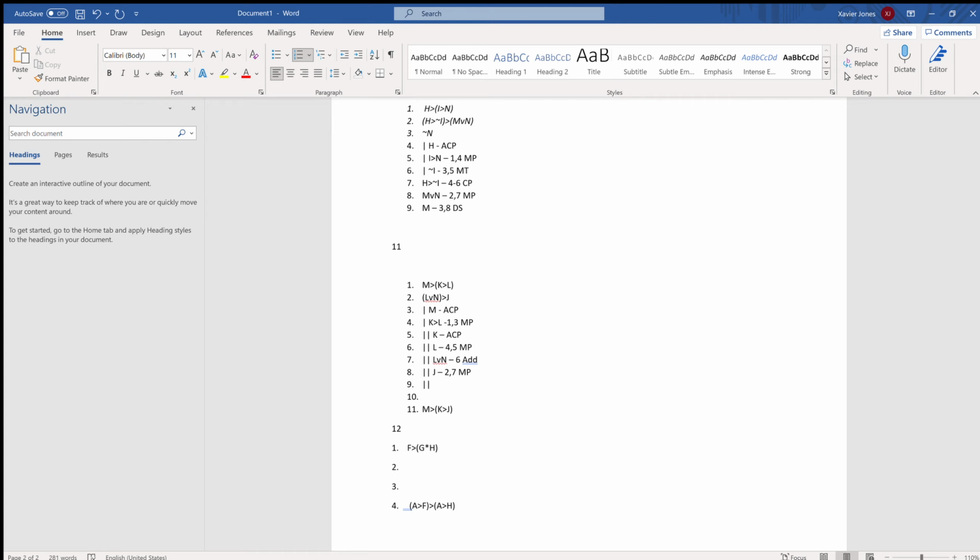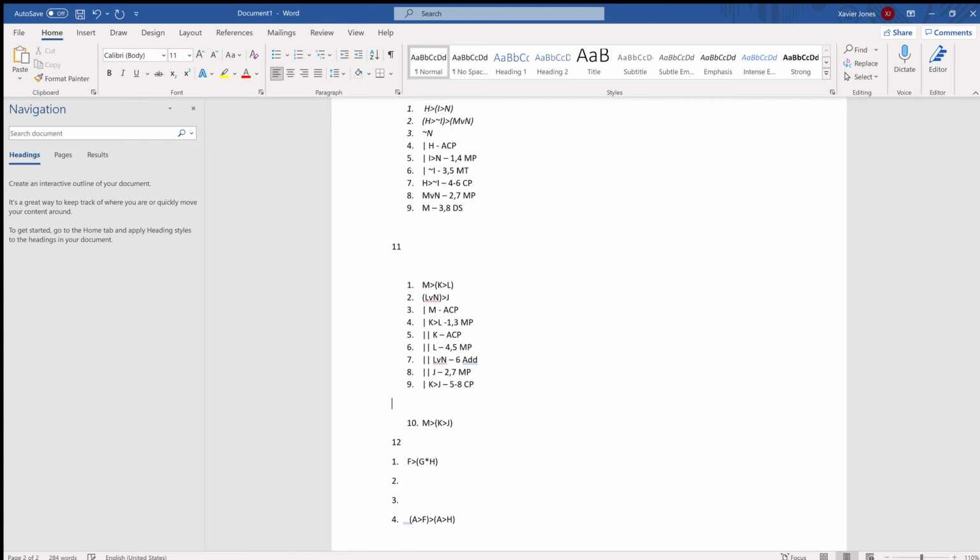Then we exit this little conditional proof thing, and we say if K then J, and we can prove that using lines 5 through 8 conditional proof.